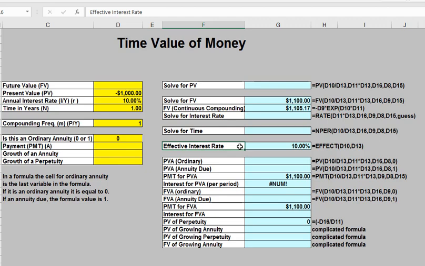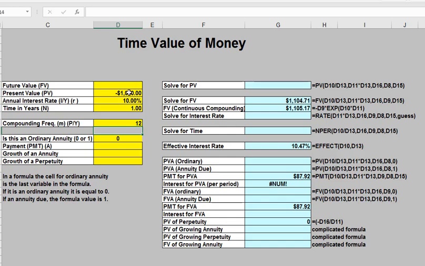So in this case, let's change compounding frequency from 1 to 12. If you notice the solution, the future value is $1,100. If I change this to 12, we see now I have $1,104.